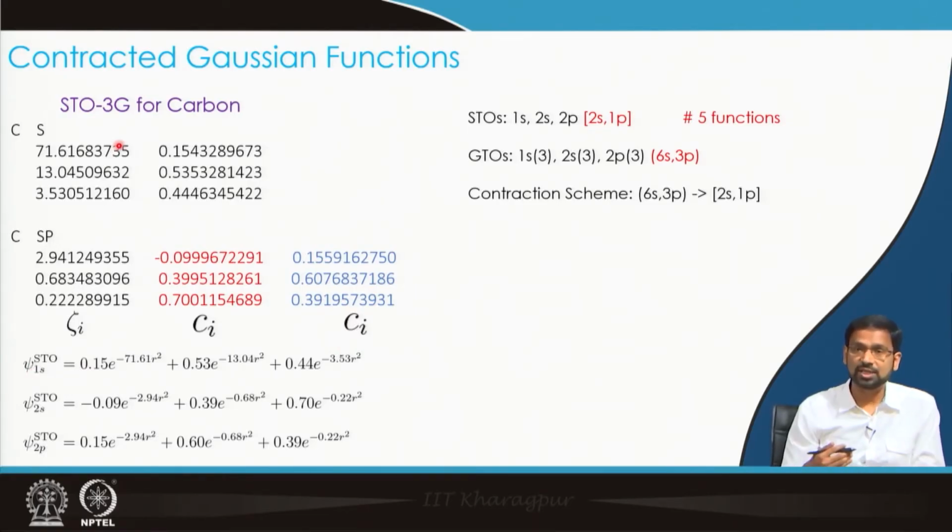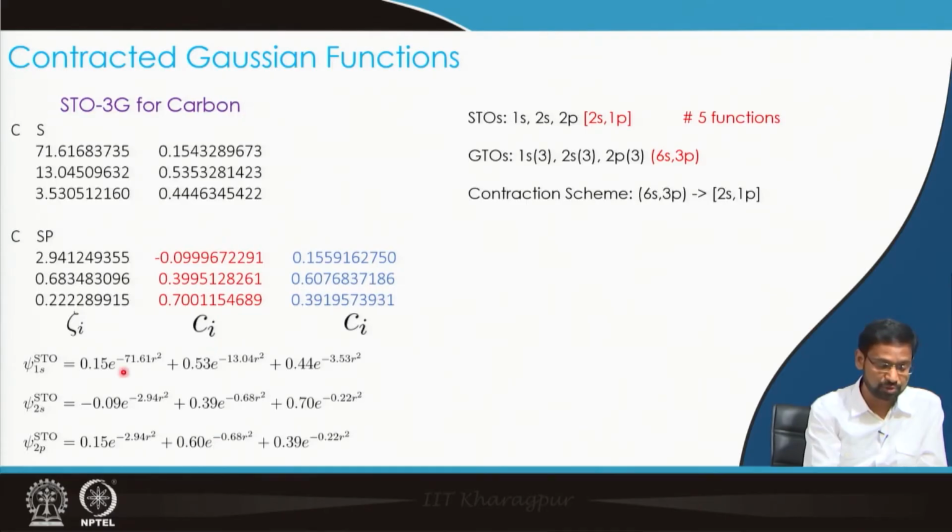When we go to the second shell, 2s and 2p, both orbitals have electrons. So now what happens is that we normally take the same value of the exponents in the Gaussian function, but use 2 different sets of coefficients. So you can see here zeta I. This column is for the exponent, this column is for coefficient, the third column is also for coefficient, but the third column is not present in the first block because it has only 1s.